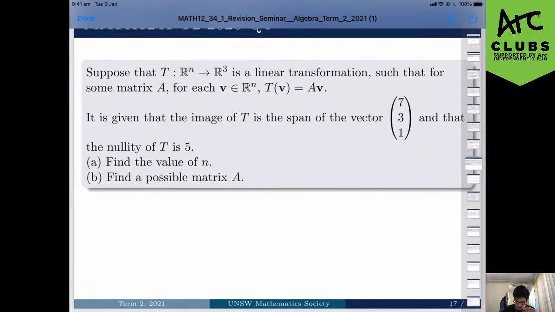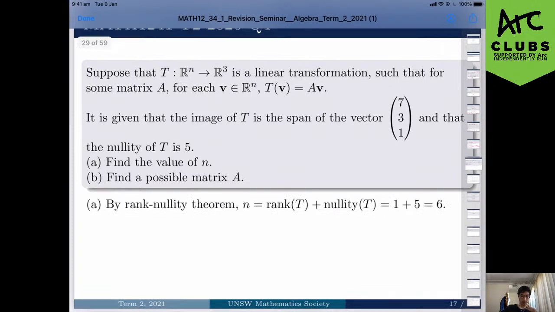Cool. Find a possible matrix A. I'm going quick, but we're just finding a matrix such that its image is the span of (7, 3, 1) and its nullity is 5. And I guess if the domain is R^6, then one of those implies the other.